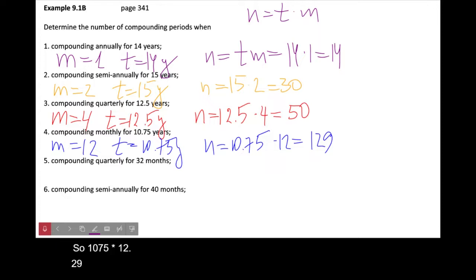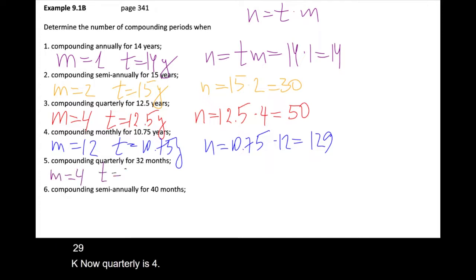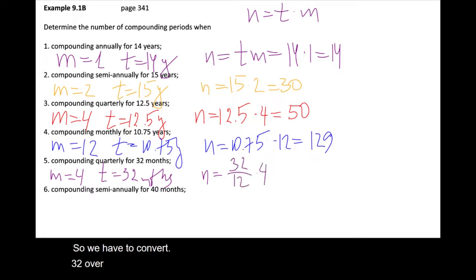Okay, now quarterly, M is 4, time is 32 months. So we have to convert: 32 over 12 times 4. So what is that? 10.67 periods.